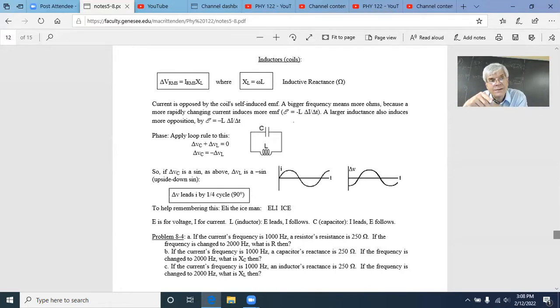In the case of an inductor, it's a magnetic effect. Capacitors are involved in an electrical effect. Inductors, it's a magnetic effect. It's the coil's self-induced voltage, which pushes back against a current trying to flow through it. As the current tries to build up during that part of the cycle where it builds up, the self-induced voltage tries to hold it down.